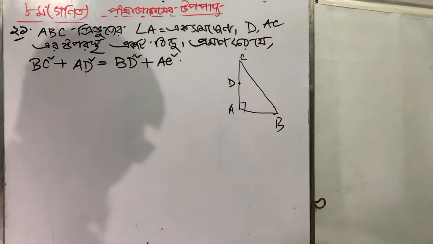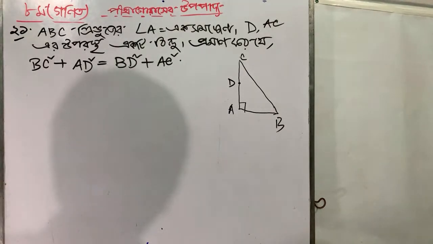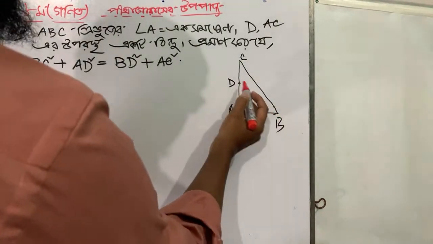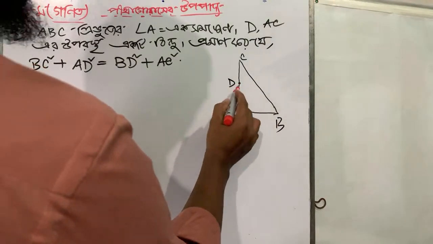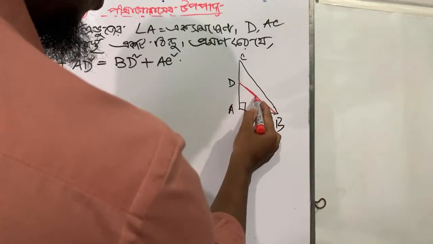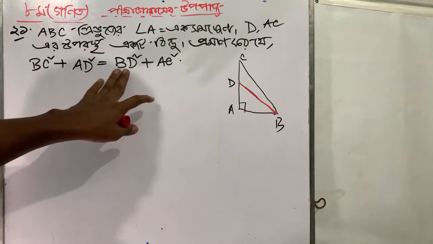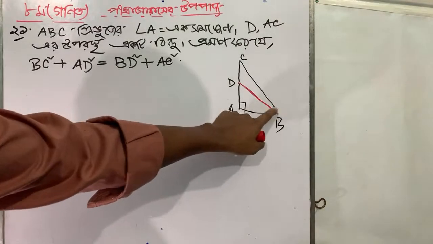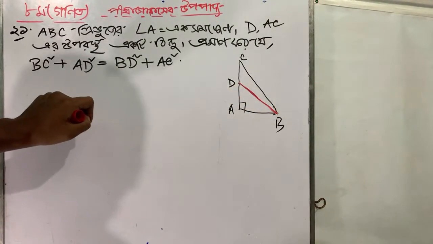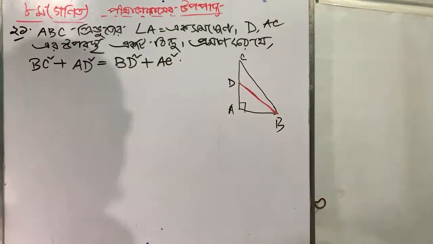Okay, let's start. Before starting, we have to draw a line joining these 2 points B and D. We join these 2 points because you can see in your proof you have BD.